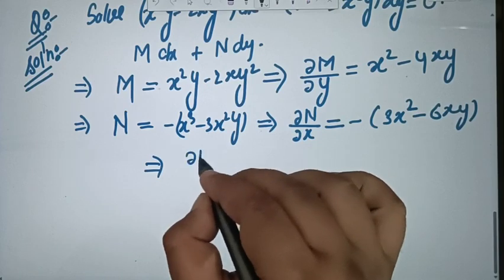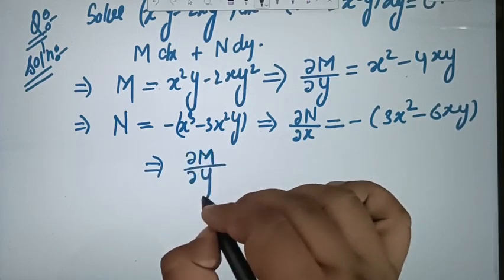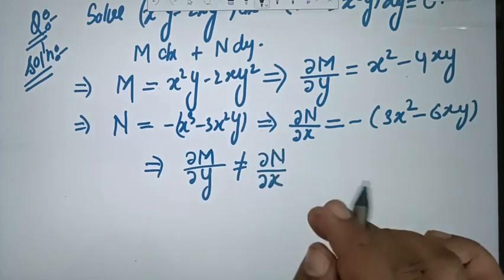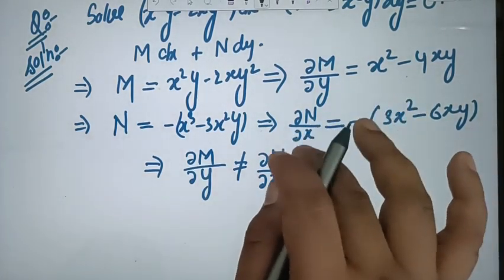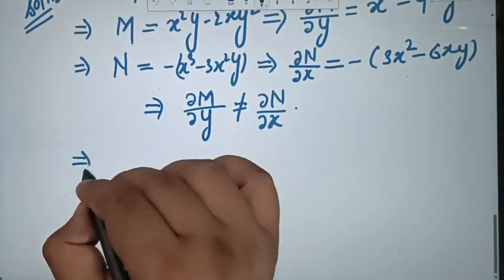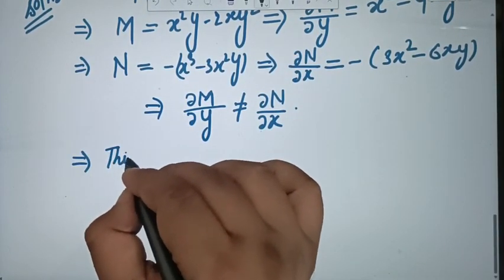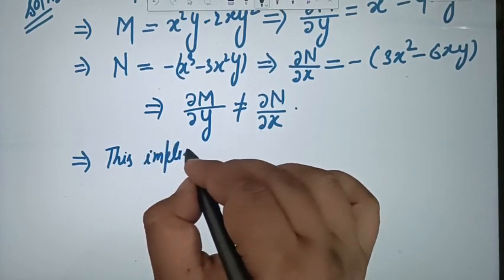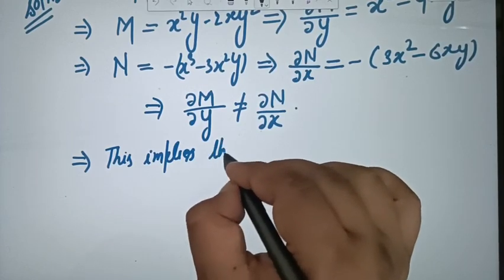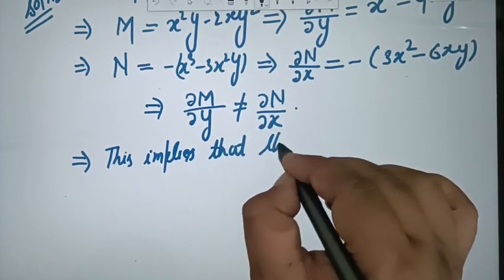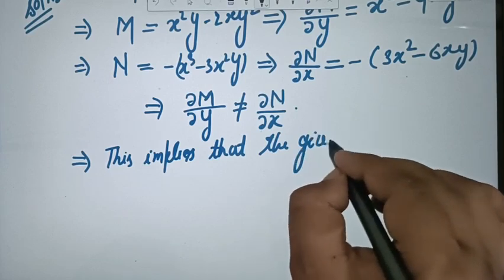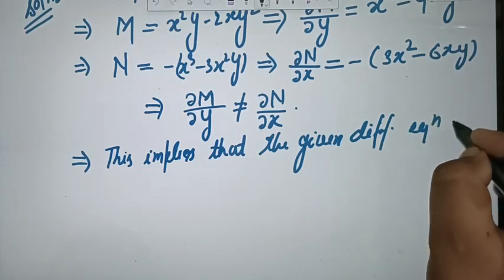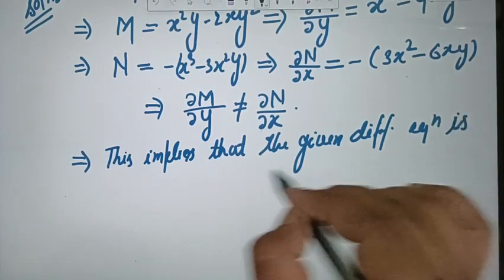So what about the relation? Obviously del m over del y is not equals to del n over del x. So this implies that the given differential equation is not exact.